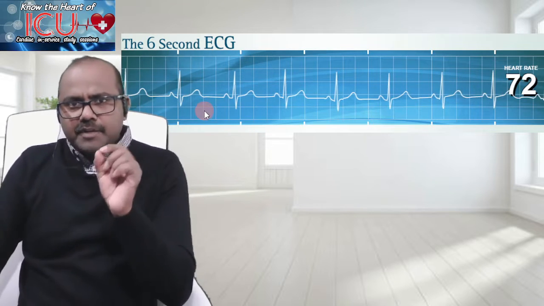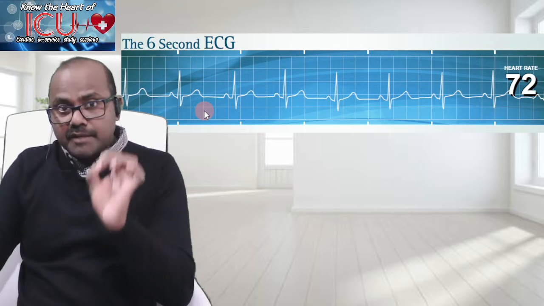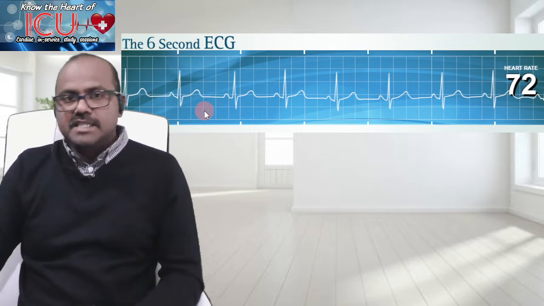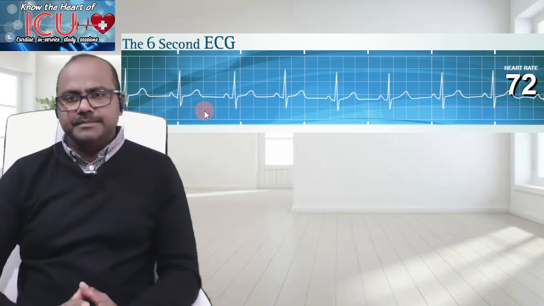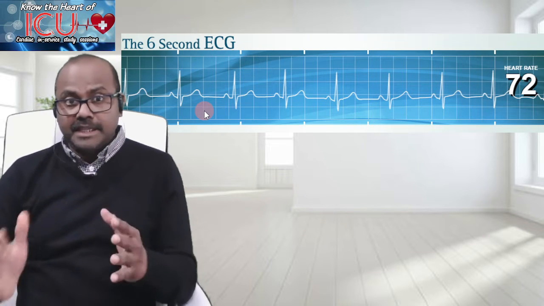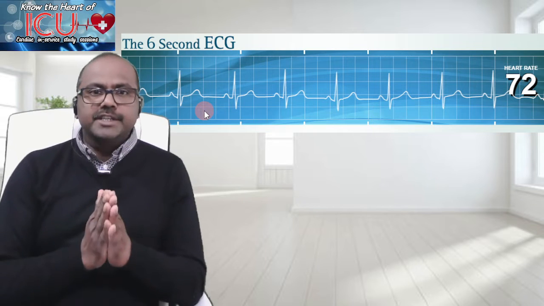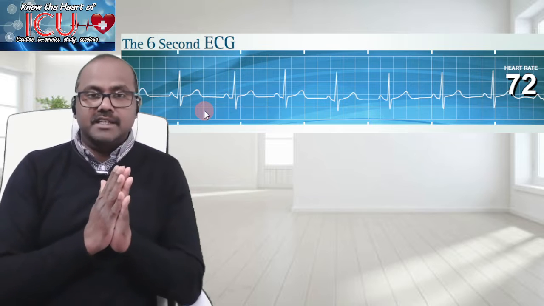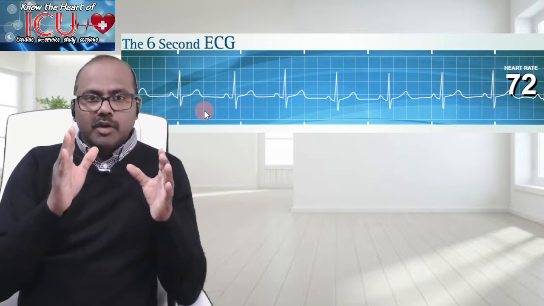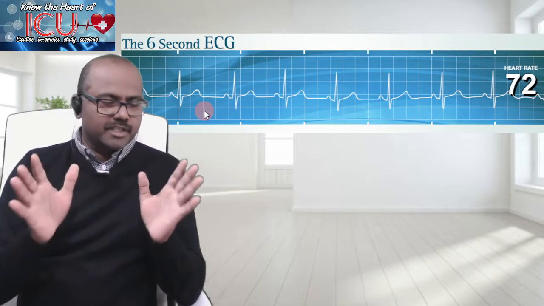And do you have a QRS complex after every single P wave? Yes, here we have a QRS complex after every single P wave. That means this rhythm originated from your SA node, and the QRS complex is narrow. That's one of the characteristics. So your impulse originates from the SA node.